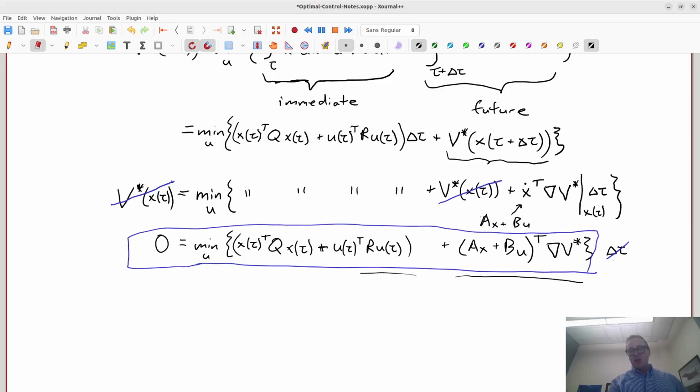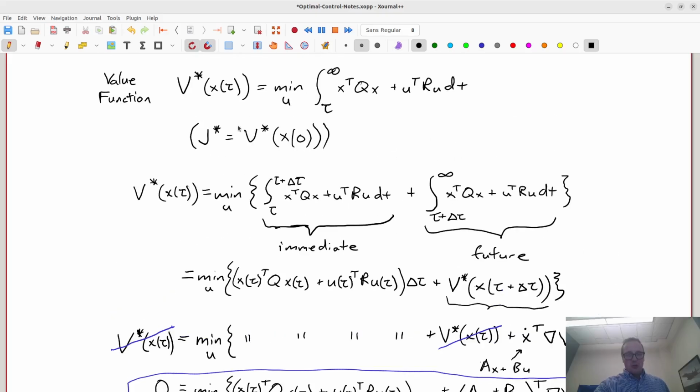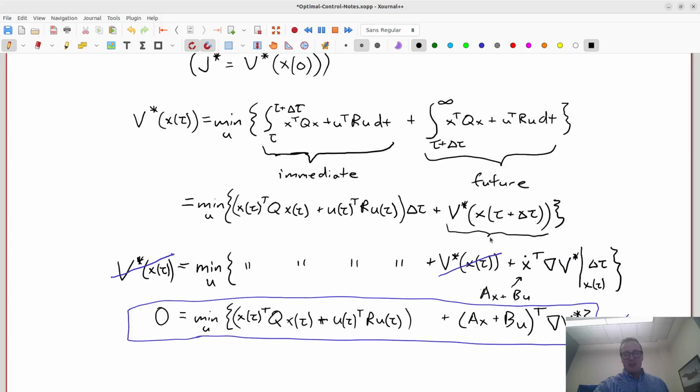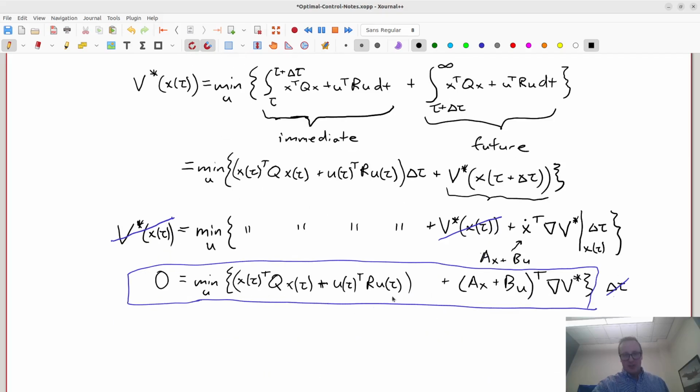So this value function summarizes all of the future penalties that we're going to accrue in future time, and that allows us to have this Hamilton-Jacobi-Bellman equation that takes both the immediate and future rewards into account. So we've got HJB right here. Okay, so we're almost done.